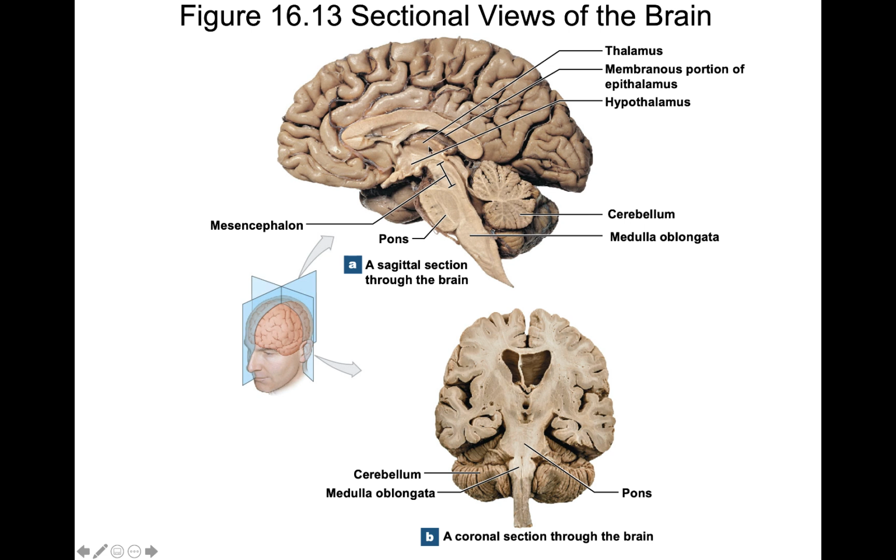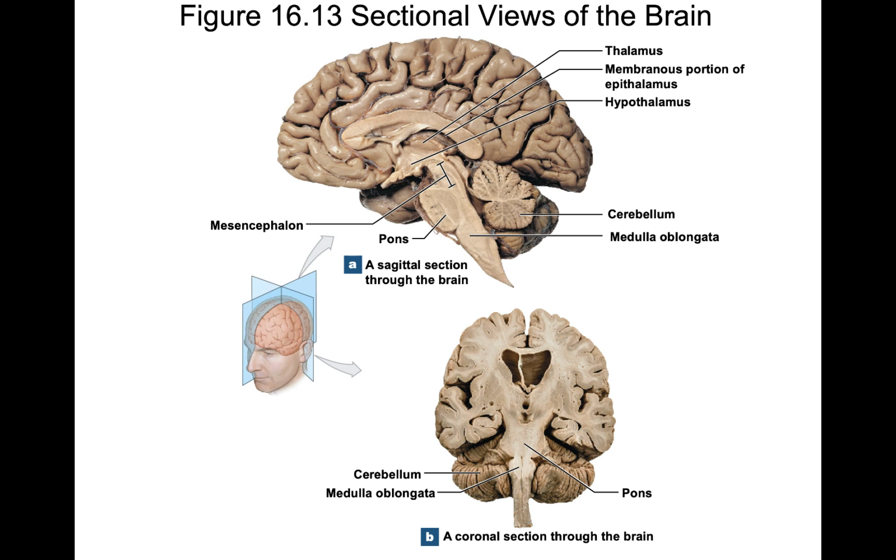If you remember from last chapter, an interneuron would go up and connect to the thalamus, and there'd be a third level neuron that connected from the thalamus to the higher centers of the brain. So that's thalamus. And then there is this portion that's called epithalamus. This thalamus, epithalamus, and hypothalamus are part of the diencephalon.